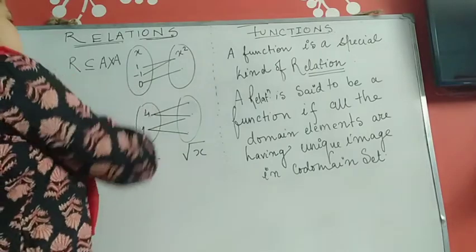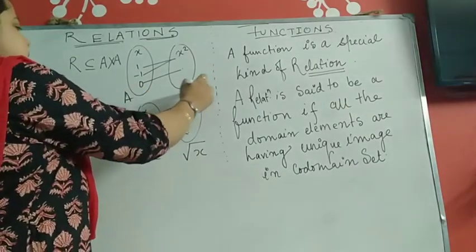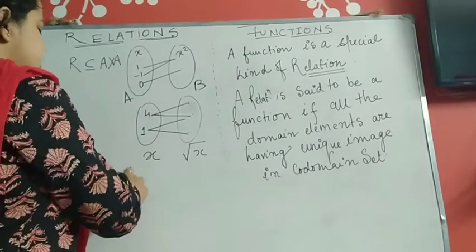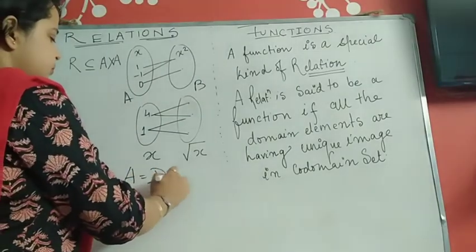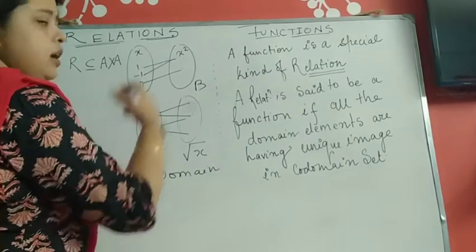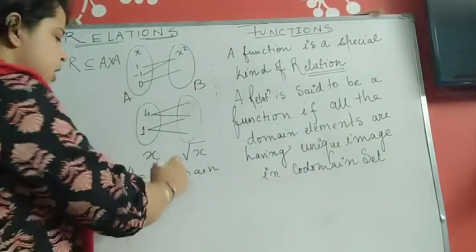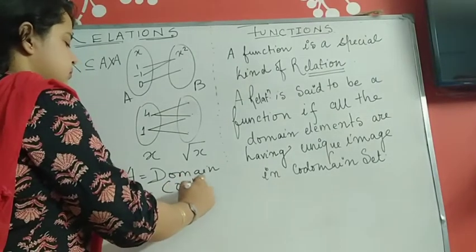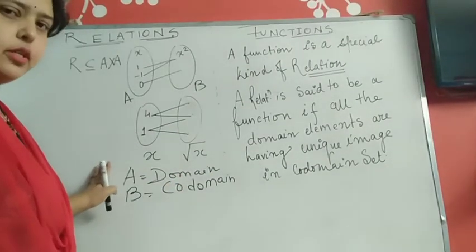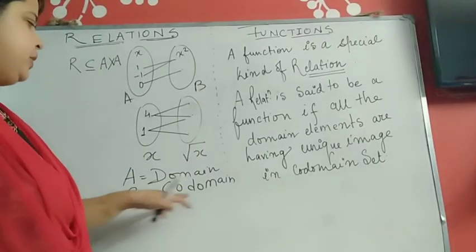This is a particular set A and this is another set B. This particular set is known as domain, and this particular set on the right hand side I have written is known as codomain. Now what about range? This is A domain, this is B codomain.